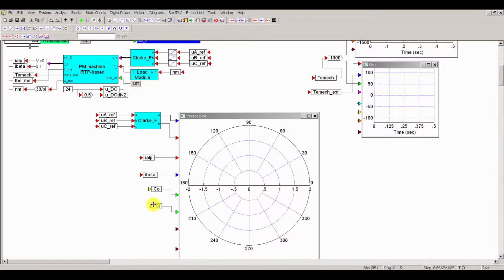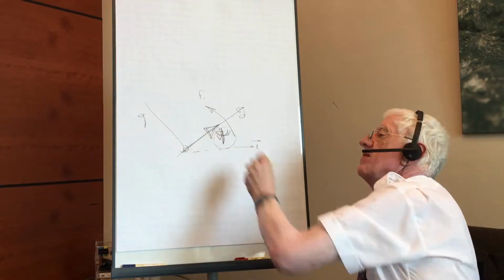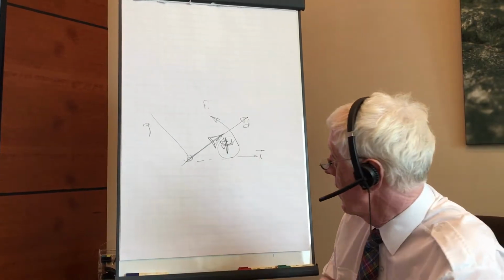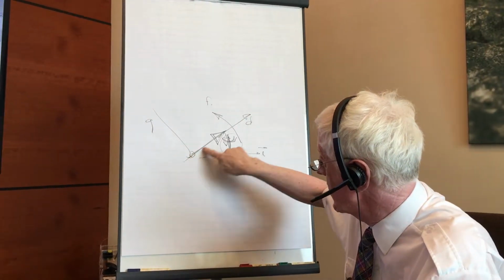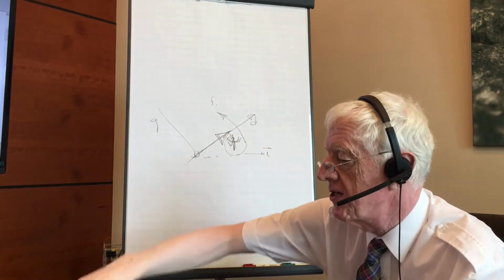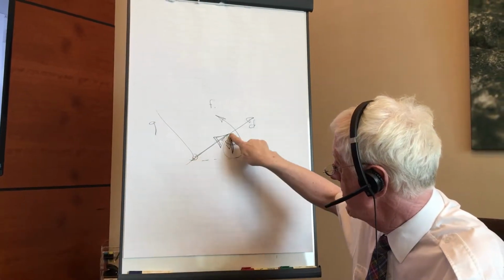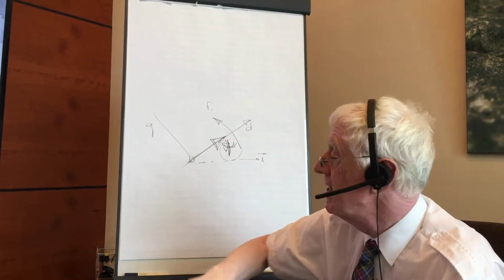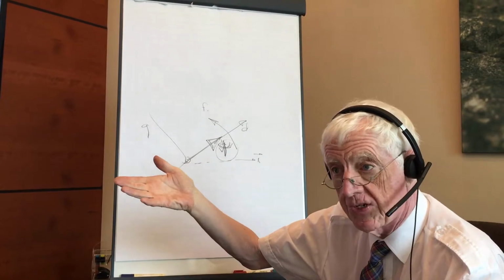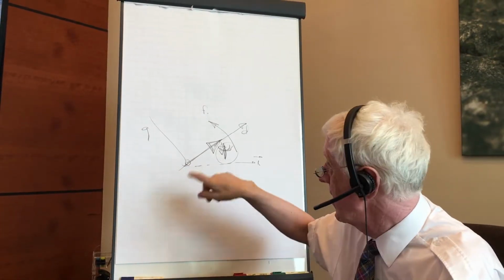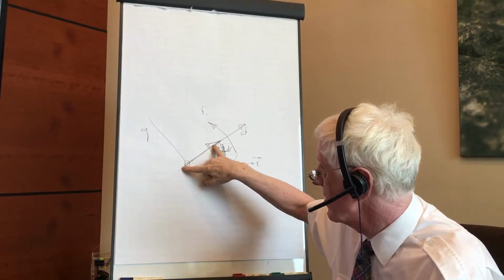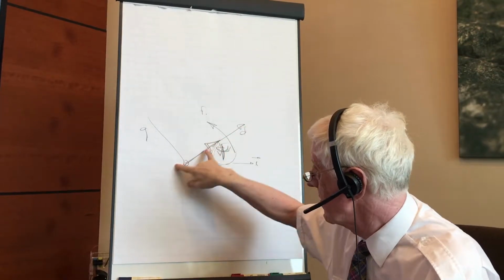So we know that the flux vector is tied up to that axis. That's what we made. This is flux. Okay? So if we see the d-axis, we know this one is tied up. If you connect this up properly, this will be where it should be. If you have not connected that properly, and you have misconnected your encoder, this will be incorrect. But this has to be correct.